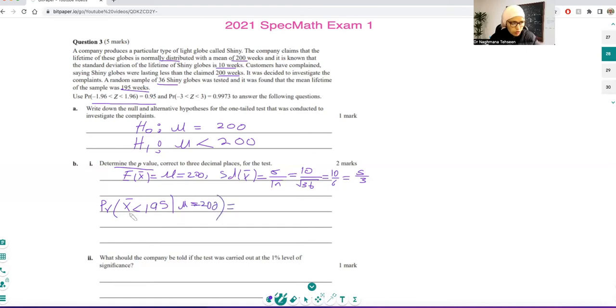That means we could rewrite that as the probability of Z being less than 195 minus the mean 200, over 5 over 3.